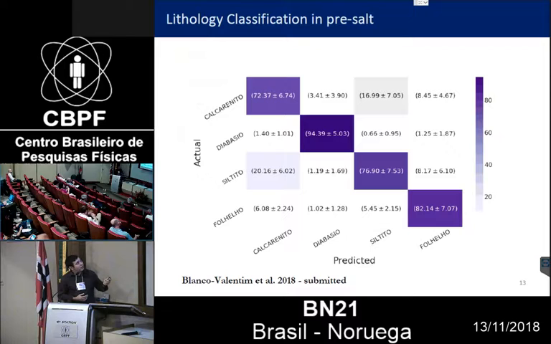All of this was done in the pre-salt carbonates. It's worth saying the permeability, the porosity, and the lithology prediction are particularly difficult to see by eye, at least for me. But we could find the diabasio 94% of the time, and it's also a great result with the folheiro, 82%.